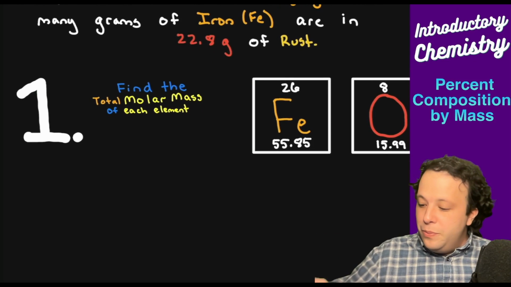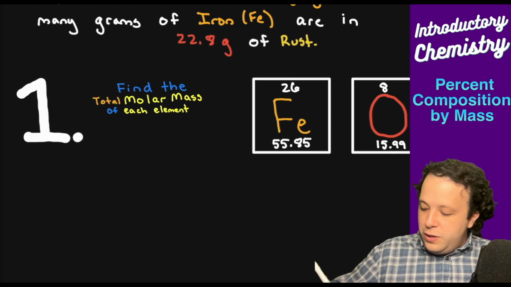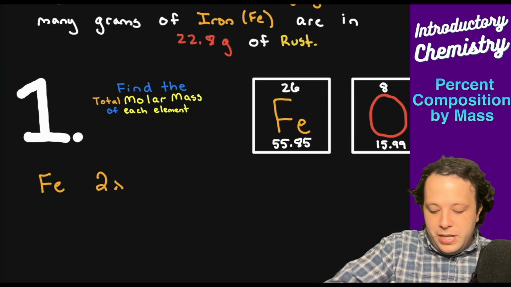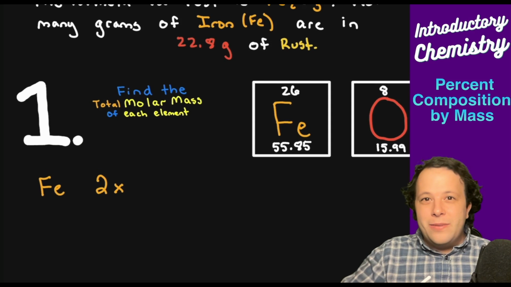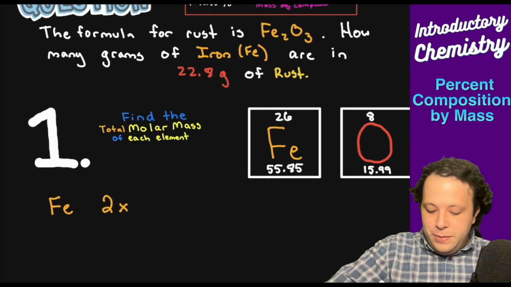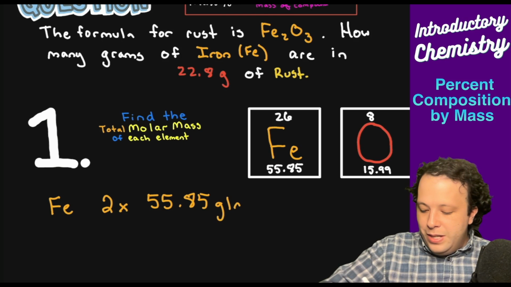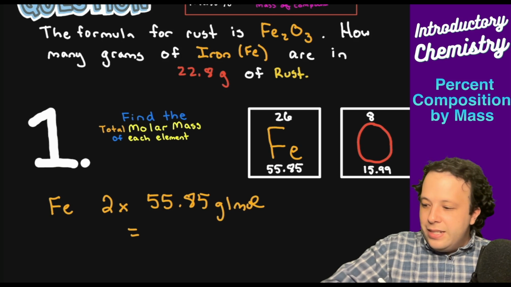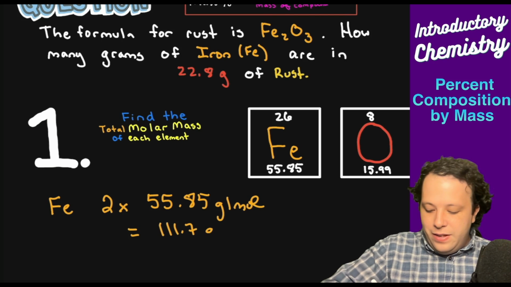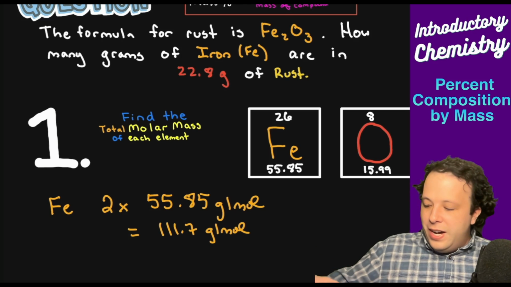Our very first part is that we have 2 irons because of our subscript, so in Fe2O3 we take 2 times 55.85 grams per mole, and we get 111.7 grams per mole of iron.